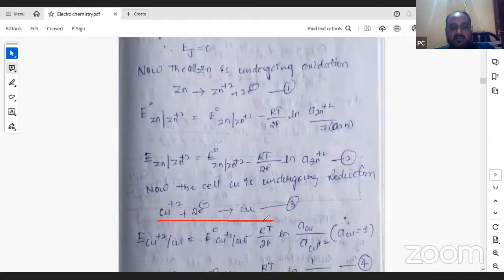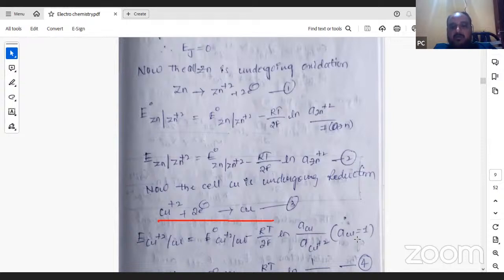Now apply the Nernst equation: E of copper plus 2 by copper is equal to E naught. E cell is equal to E naught cell minus RT by 2F ln activity of copper by activity of copper plus 2.